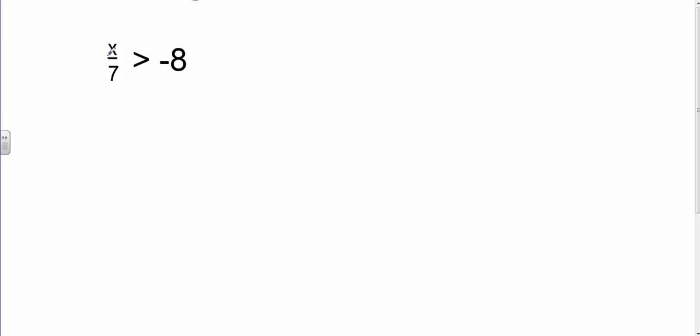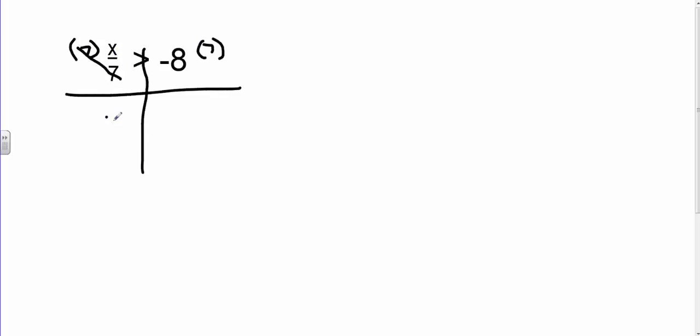We've got division by 7, so we multiply both sides by 7. And those go away, and we're left with x is... Did you switch the direction of the sign? See, we did not multiply by a negative 7. We multiplied by a positive 7. There's a negative in the problem, but it's only whenever you multiply or divide by a negative number that you switch the direction of the sign.